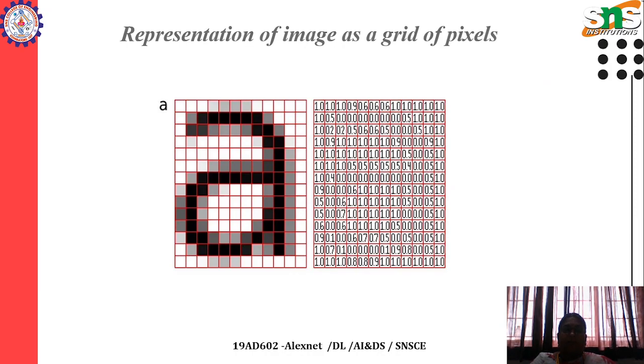This is the picture-like representation of an image in the form of a grid. So the picture that you are noticing has a grid-like structure. You can see in the grid we have enabled some of the blocks, and as a whole we could see the lowercase letter A. So this is a grid-like structure.